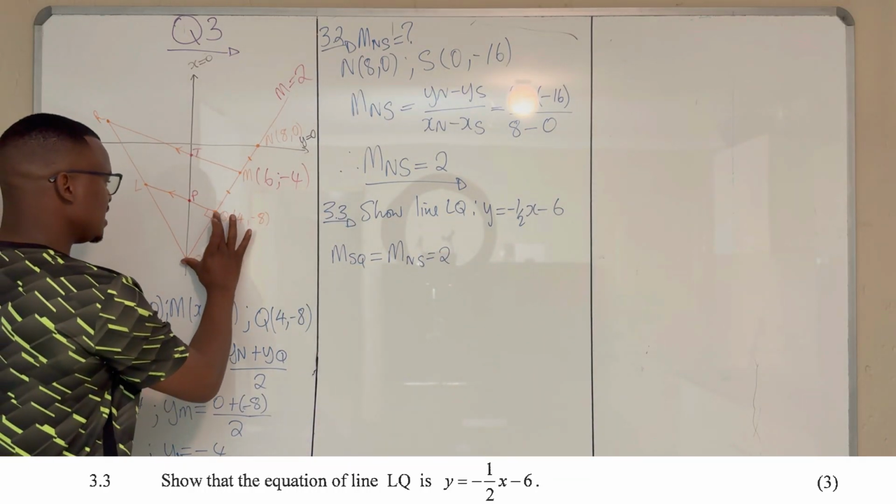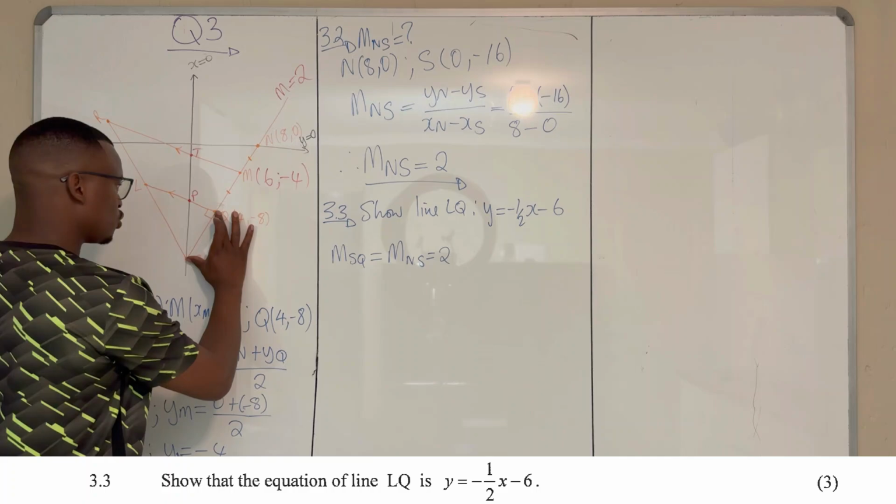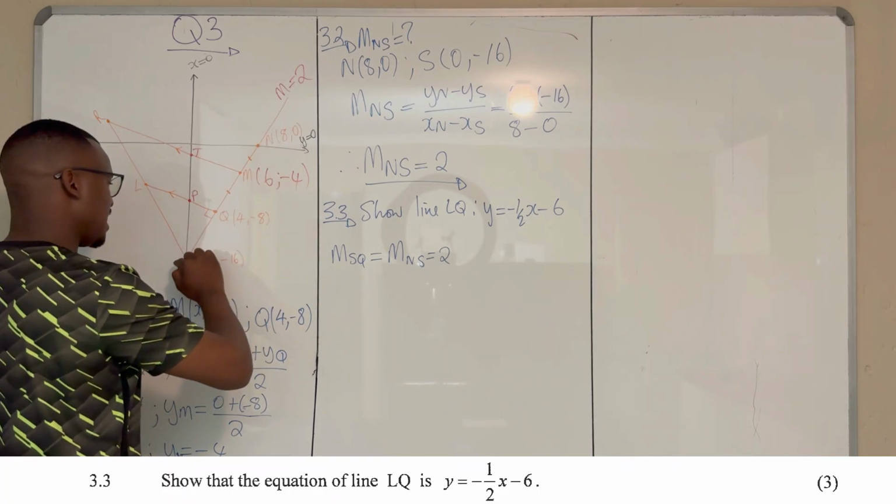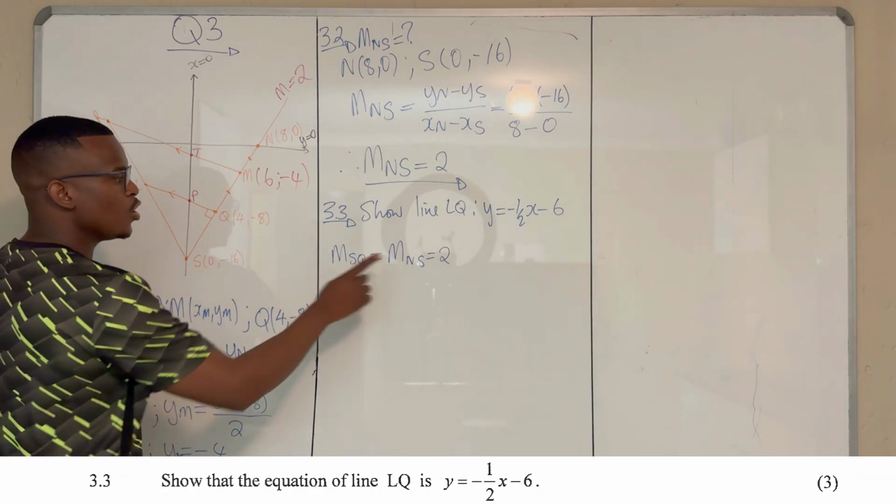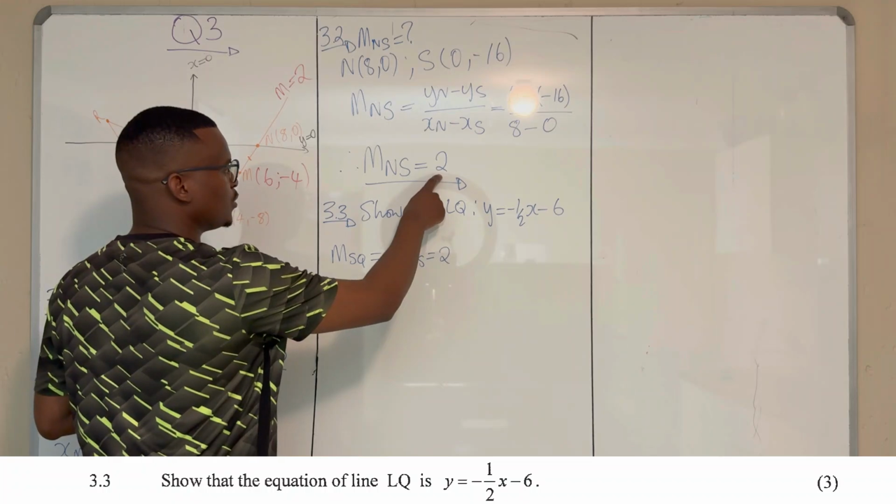So I'm saying the gradient of this line SQ is the same as the gradient of this entire line. We found the gradient of NS to be 2 over there.